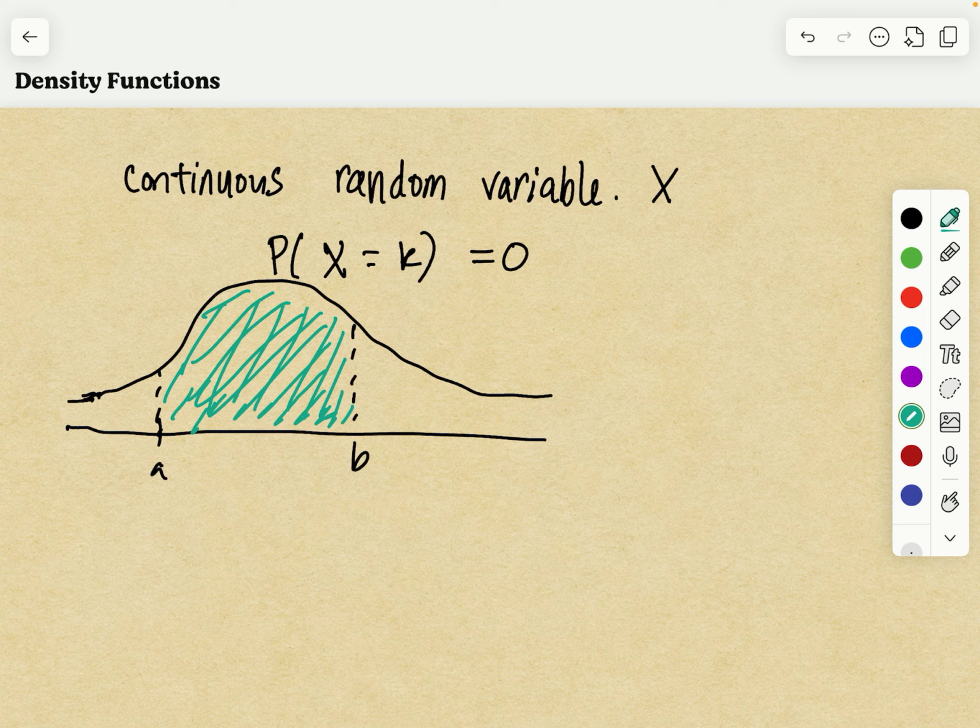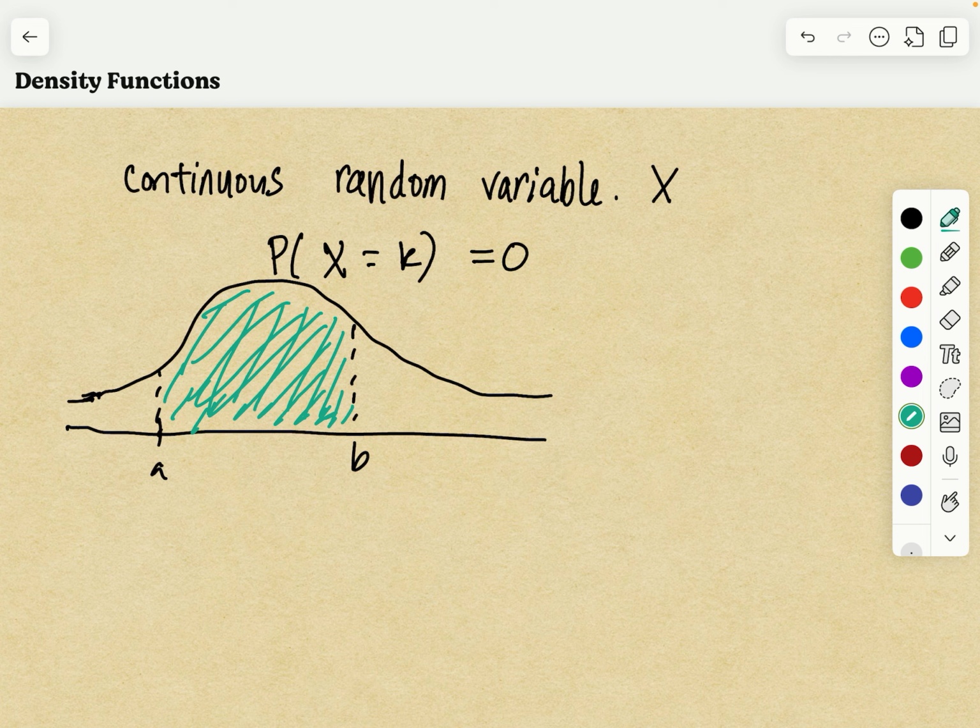Because if you had a specific value, so let's say the probability that it takes exactly 2 hours to get to the store is like 0.001, well then you can do that for all the different values in your real number line, and then the sum of the probabilities would be greater than 1. It would be infinite because you're summing an infinite number of probabilities. So it has to be 0.